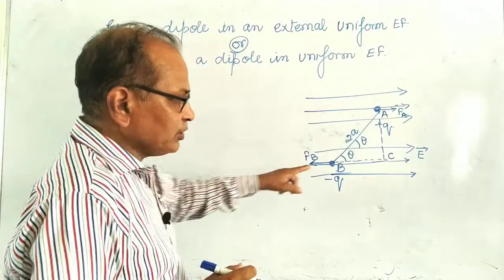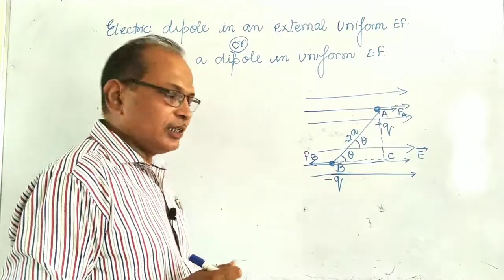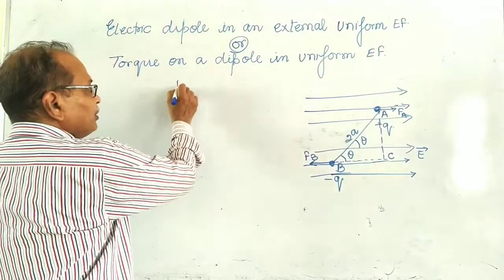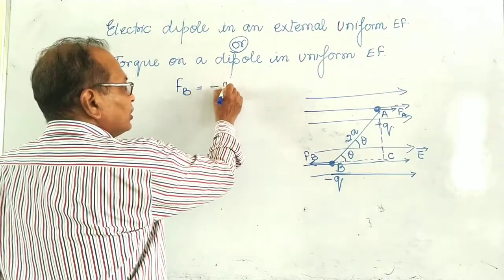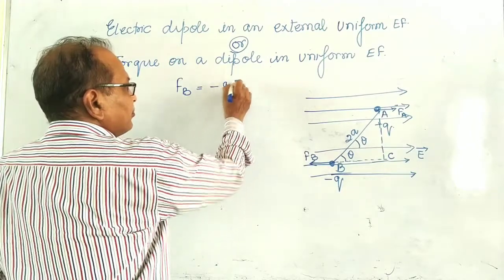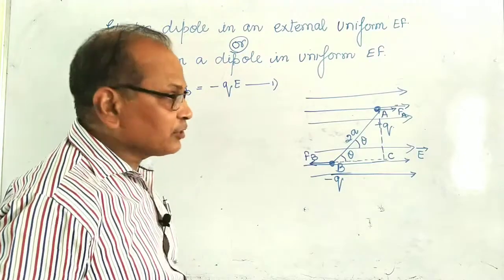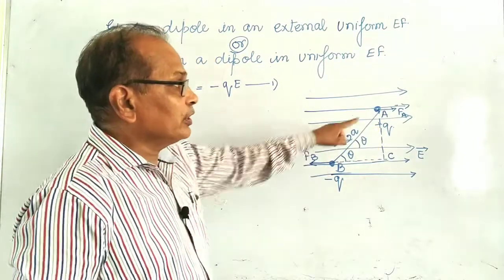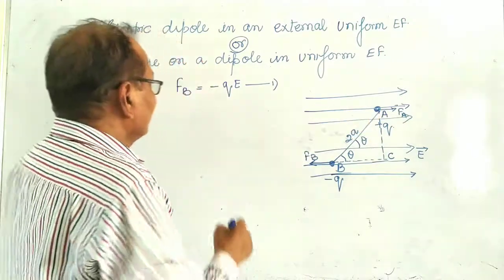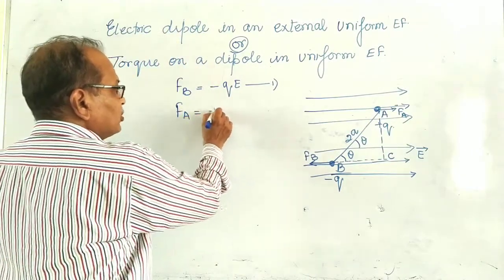So the force experienced by the minus Q charge, which is located at B, will be FB equals minus QE. Number 1. What is the force experienced by the charge plus Q, which is located at the point A? This is FA, which can be written as plus QE.